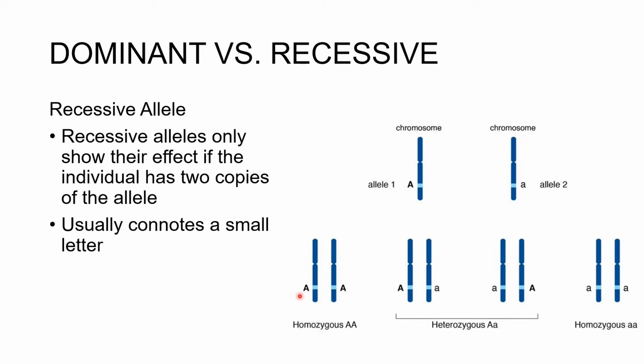As you can see here, pareho silang dominant, so homozygous sila. Dito sa isa, pareho silang recessive, so homozygous sila. Basta dapat magkapareho yung dalawang allele doon sa gene.